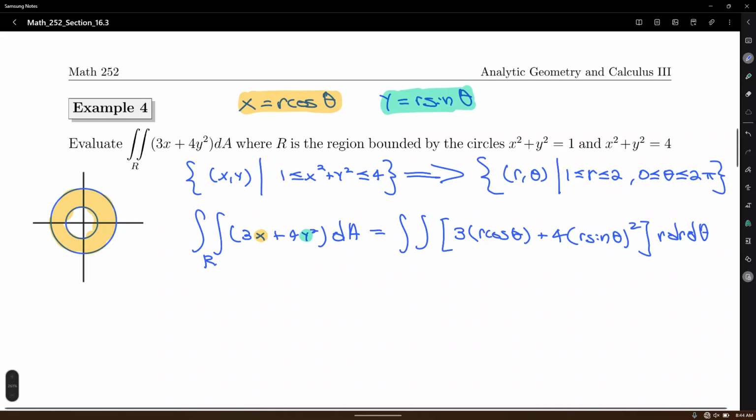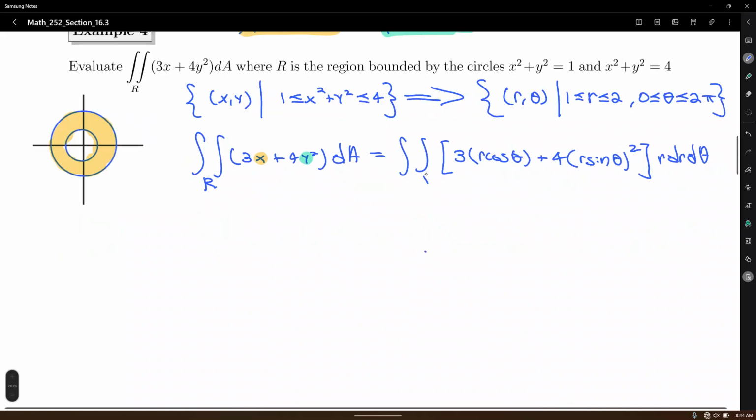Notice there's a factor of r that shows up besides the dr and d theta. Once we're done with the first example, because first I wanted to show you how it works with one example, I'm going to go back to the definition to show you where this r dr d theta is coming from. Okay, so the limits of integration, we have them.